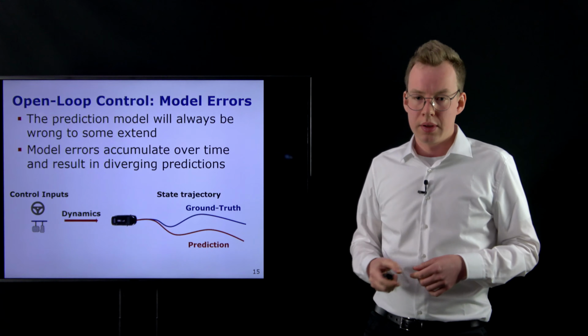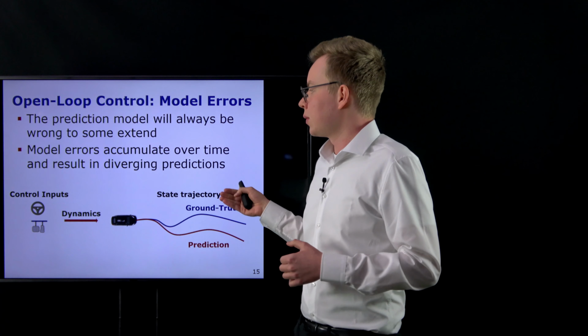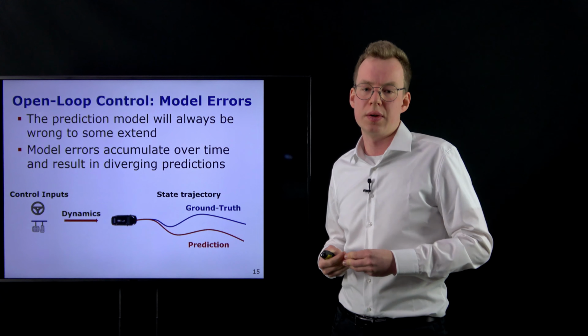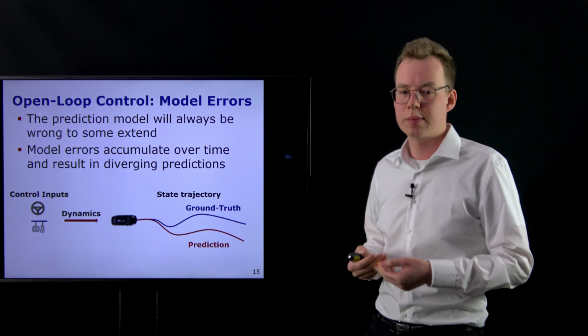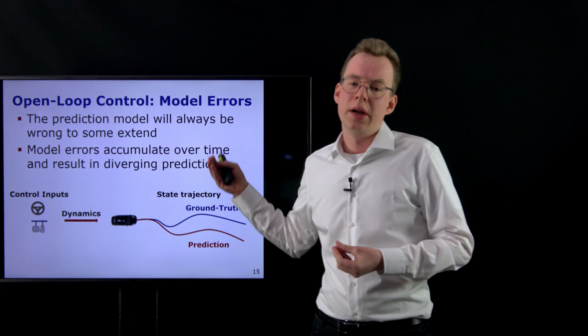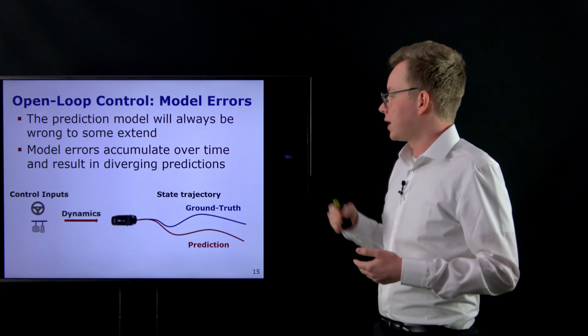Now, are we done? Unfortunately, we're not. So just using this optimal control technique that I've just mentioned will not be immediately successful. And there are several reasons for this.